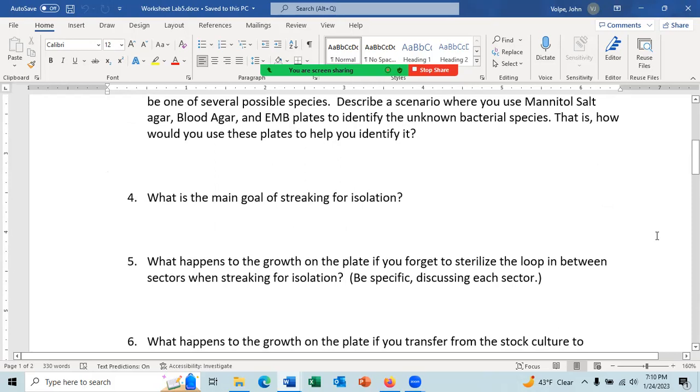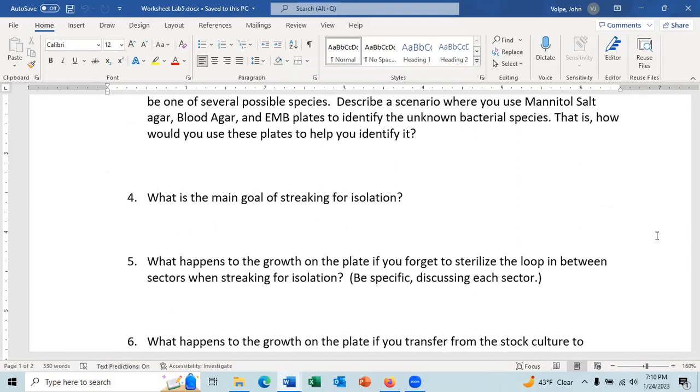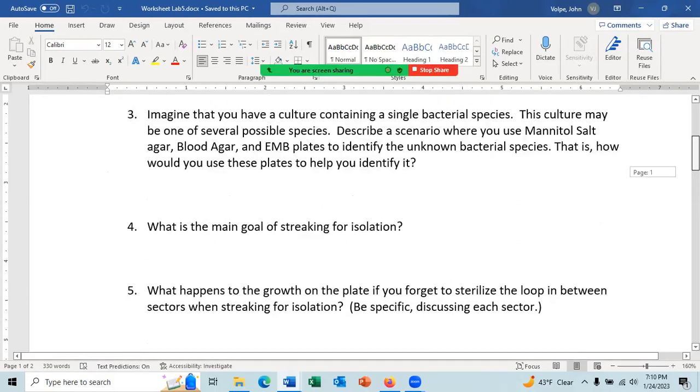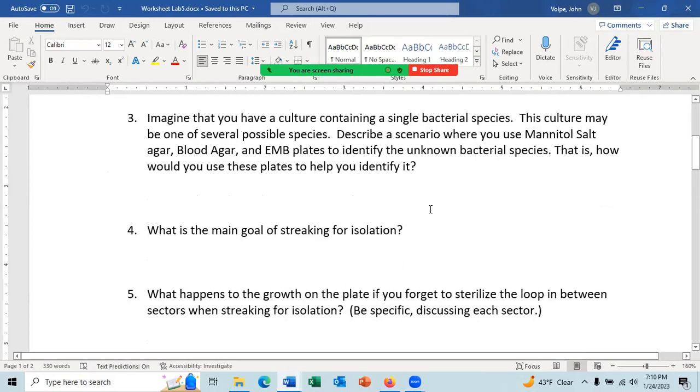Describe how you use mannitol salt agar, blood agar, and EMB plates to help identify the unknown bacterial species. That is, how would you use these plates to help you identify the species? And I'll warn you, to do this, you need to talk about 2 properties from each that you can use to help identify the species.